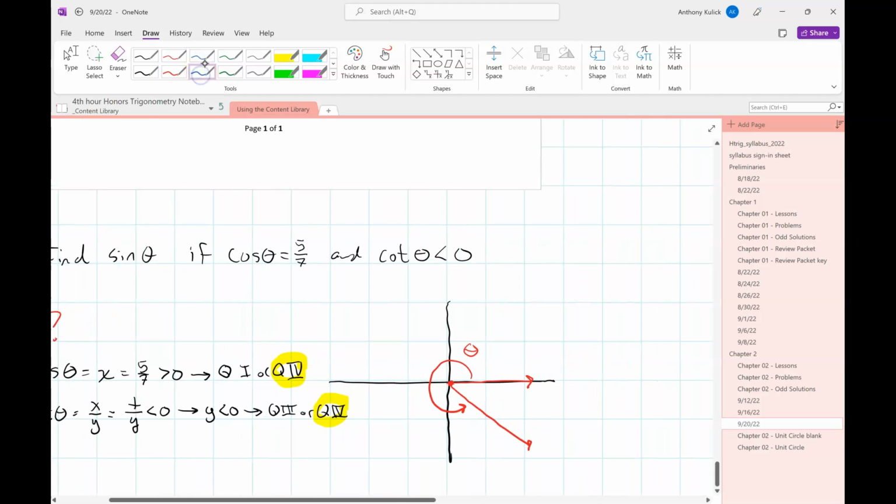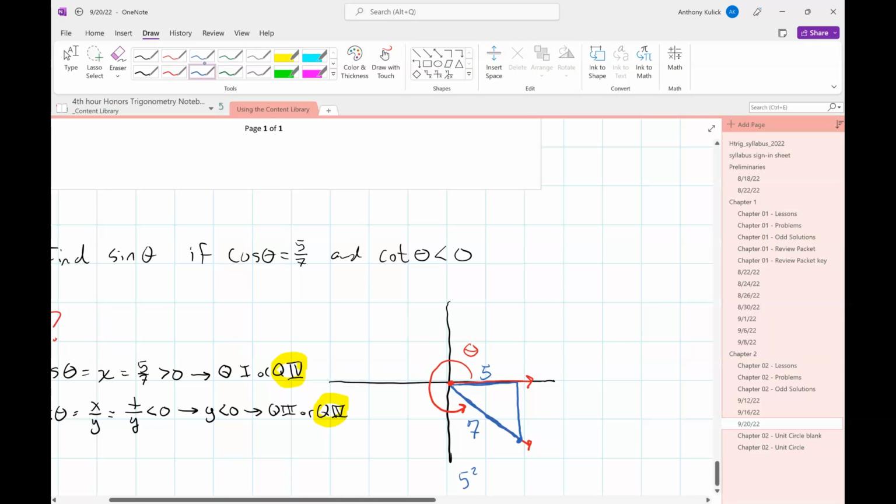Okay. So if I draw in my reference triangle then, I know that the adjacent side is 5 and the hypotenuse is 7. Everybody's okay with that? How can I find this opposite side? Pythagorean theorem.